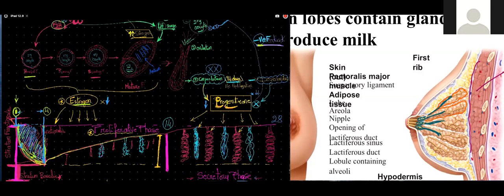And if you remember, when a baby suckles the nipple, the hypothalamus is going to be releasing into the posterior pituitary gland a hormone called oxytocin. And the oxytocin is the one that enhances the smooth muscles of the lactiferous sinuses to contract to allow the milk ejection.